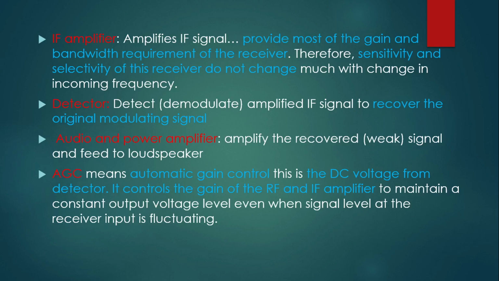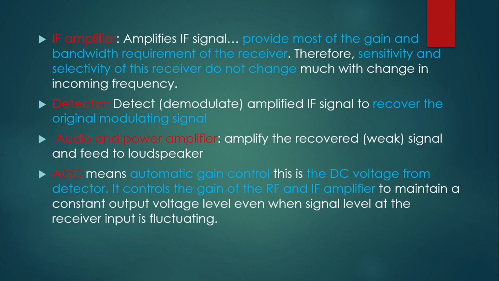So when the voltage level of the incoming signal is fluctuating due to some reason, reduced or increased, then also the output voltage level of the RF and IF amplifier stages is maintained constant with this AGC, that is called automatic gain control.